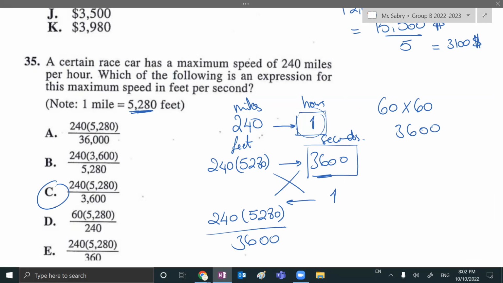Now they said they want the speed per 1 second. So I need to know if the seconds are 1, what should be the number of feet? And I cross-multiplied, and I got this answer. The cross-multiplication method is done just to keep us organized, and to keep us knowing exactly what number I got, because it's written under the same column as the number above it, for example. Does this make sense?